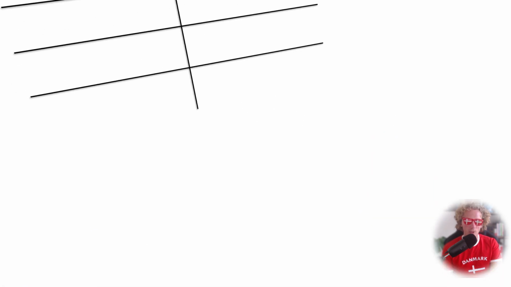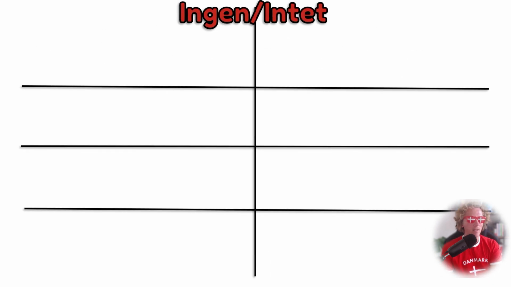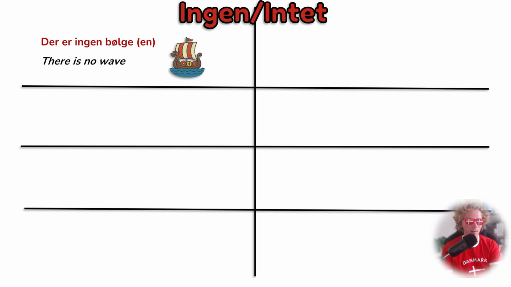Now, let's jump on to ingen and intet, and when we use these two different words. We're just going to go through eight different examples here, and then you can add those in your own sentences. Der er ingen bølge. There is no wave. I've written here in parentheses en, because bølge is an en word, which is the reason why we write ingen instead of intet.